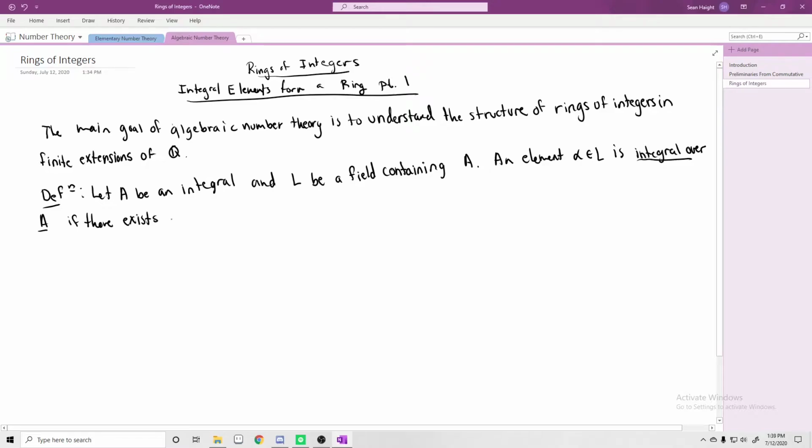Remember, this means that the leading coefficient is 1. A monic polynomial f in A adjoin x with alpha as a root.